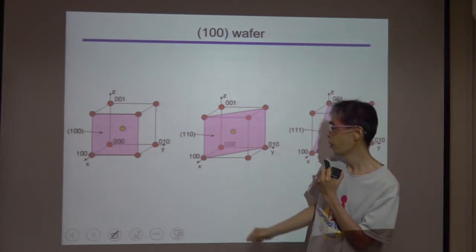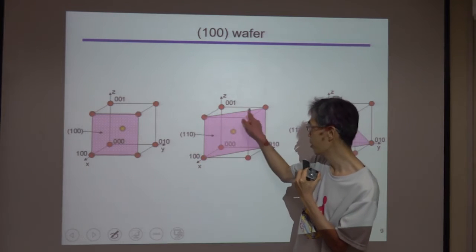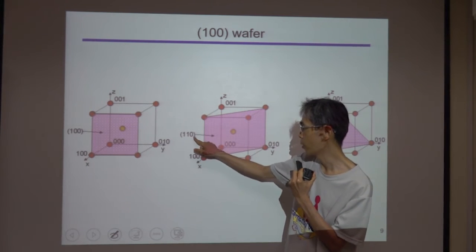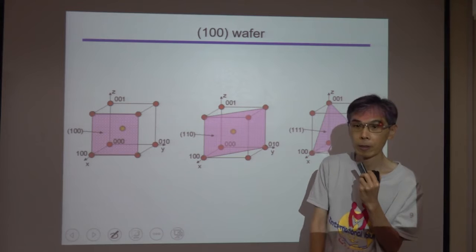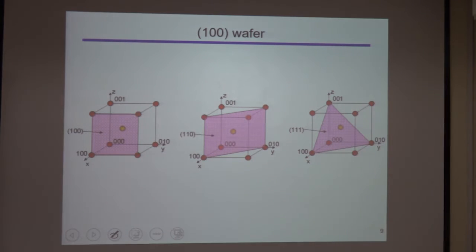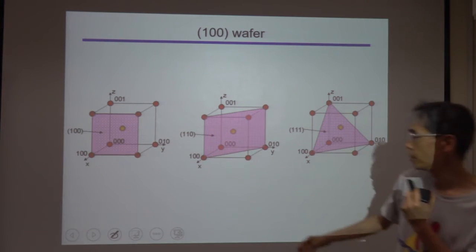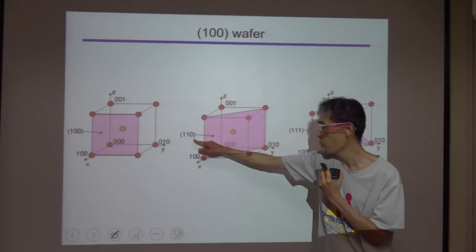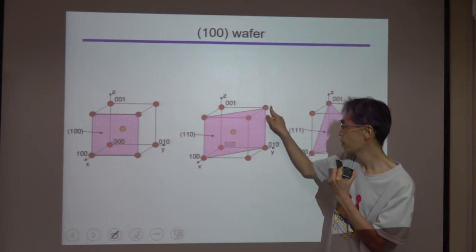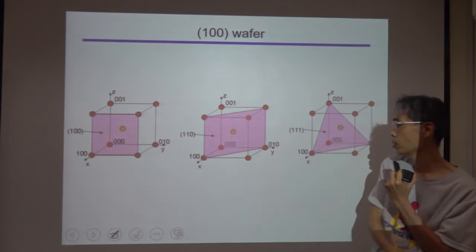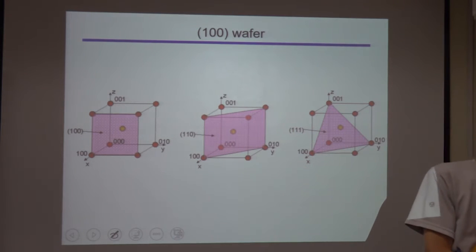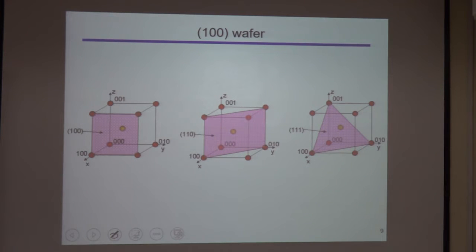Why do we call this surface the 1, 1, 0 surface?